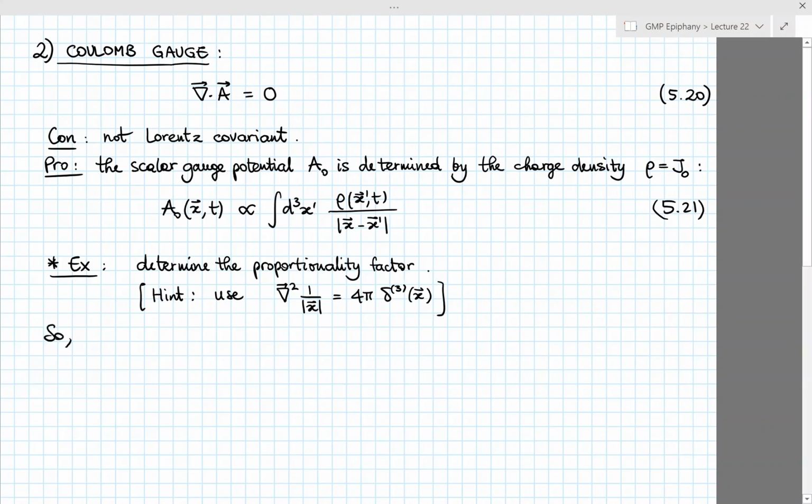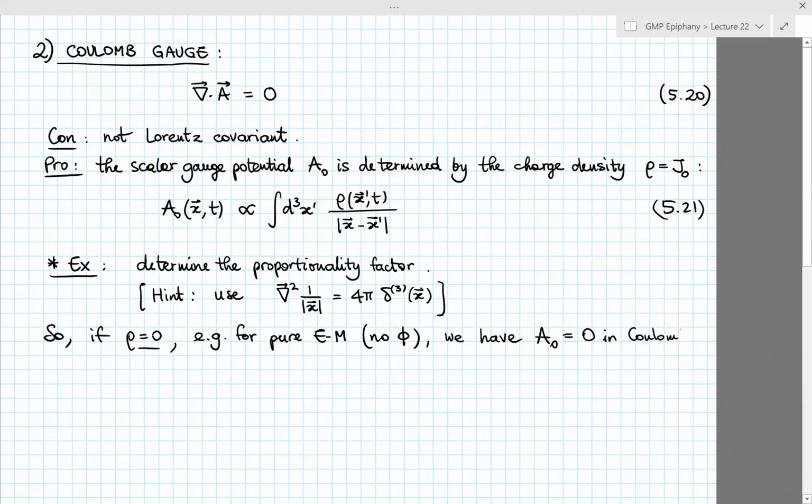If we're in the Coulomb gauge, and if the charge density is 0, for instance, for pure electromagnetism, which means that there is no scalar field phi, we have that now the right-hand side of 5.21 vanishes, and therefore the temporal component of the gauge potential vanishes as well in Coulomb gauge.